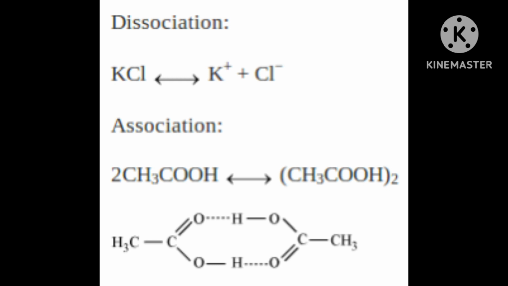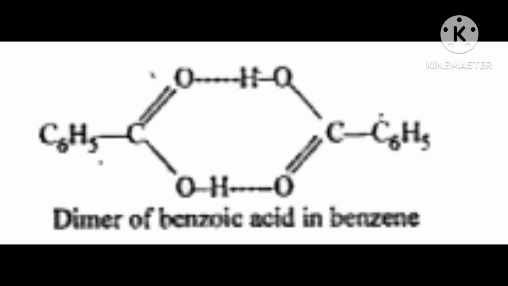Means the I value you have written that time n(1 + x) divided by n, correct. n(1 + x) means observed divided by normal, that is what I is. And this I you have calculated, that was equal to 1 + x at equilibrium position, total number of moles.